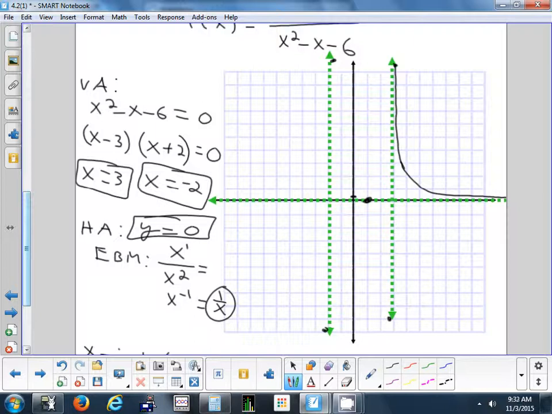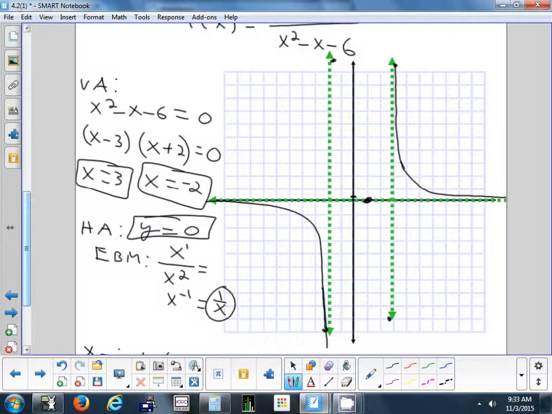Same thing has to happen in the bottom. As it drops down, it's got to get closer and closer to that line. As it heads to the left, it's got to get closer and closer to that line. So at some point, it has to curve. Now the middle section, it's got to go through all these dots, and it has to be a nice curve, getting closer and closer to the vertical asymptote on the right as you go down, and getting closer to the vertical asymptote on the left as you go up.